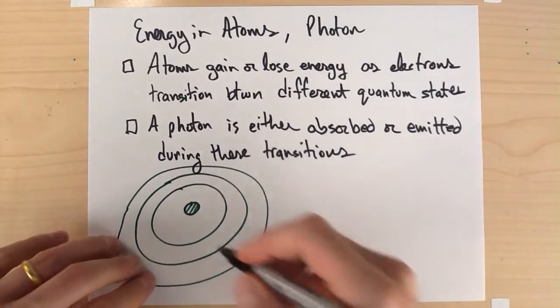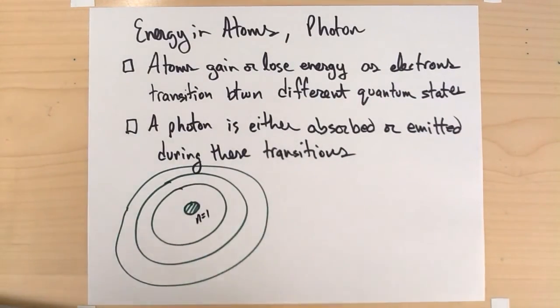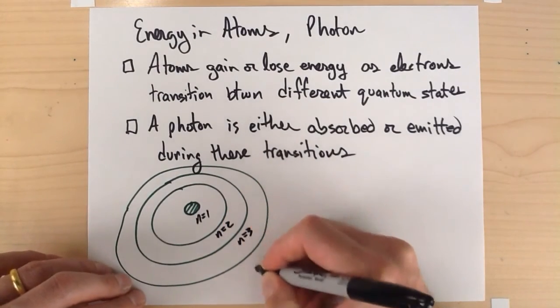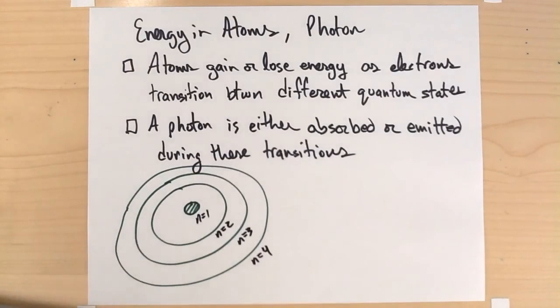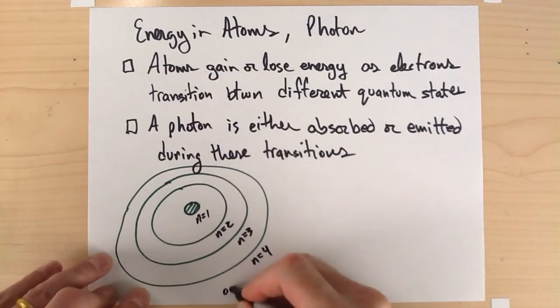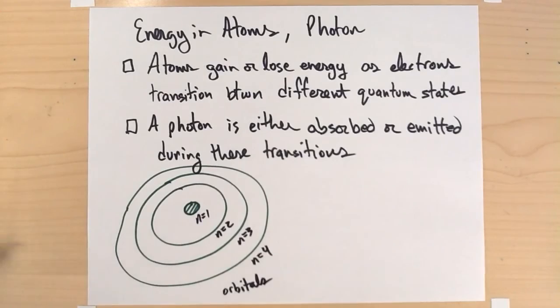So if we have a ground state of something like n is 1, and this is just a picture of an atom, and then this is n is 2, n is 3, and for example n is 4, and these represent the orbitals. And these are the orbitals available to an electron.